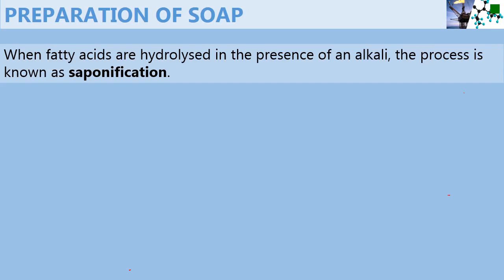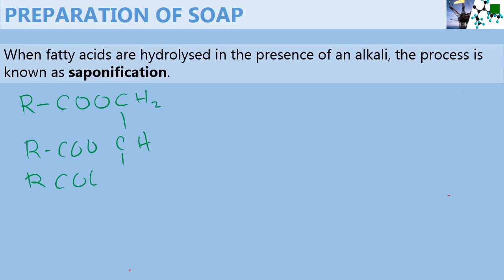Generally, we could recap and see, since the fatty acid can be represented by R, COO, CH2, CH, RCOO and RCOOCH2, any fatty acid with this formula can be reacted by a strong alkali such as sodium hydroxide or potassium hydroxide.